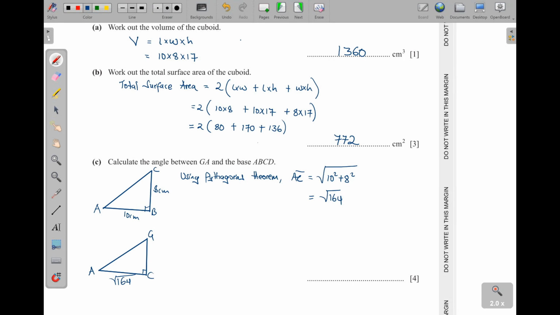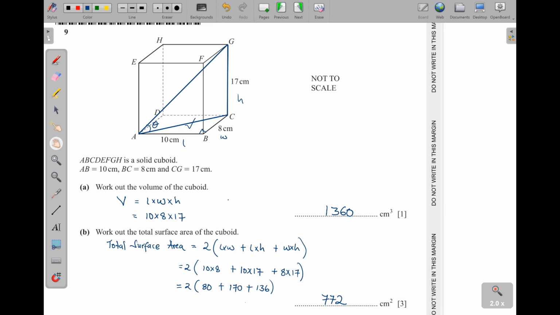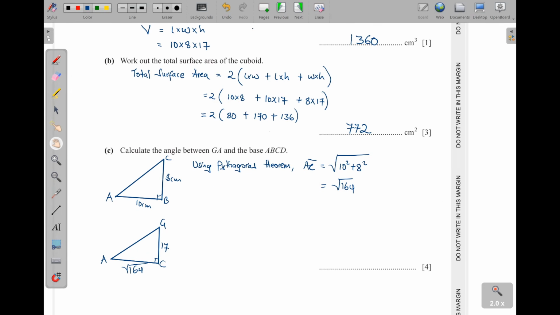So this is 17. Now, this being a horizontal face ABCD, and then DCGH is a vertical face. That means the angle in between these two is 90 here. So now we are having a right angle triangle there.